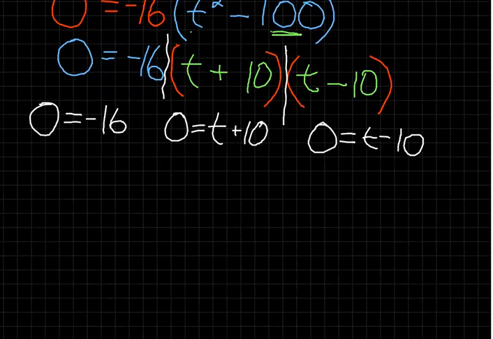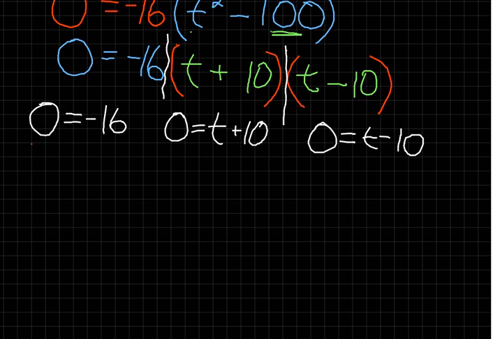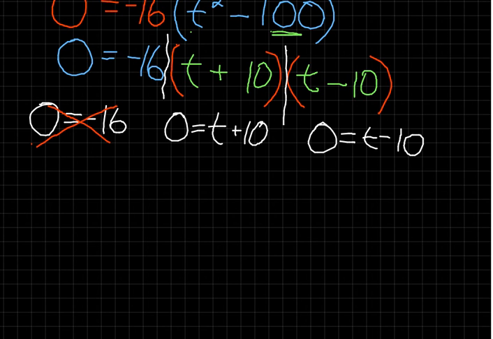Does negative 16 just equal zero? No, so that right away doesn't work. What about the other ones? What's t going to equal? So if 0 equals t plus 10, t has to be negative 10. And over here, 0 equals t minus 10, so that means t has to be positive 10.